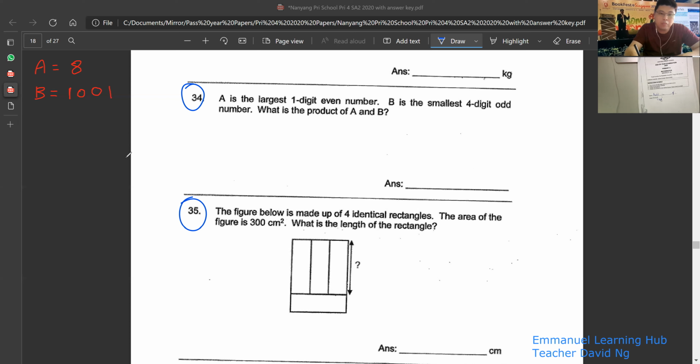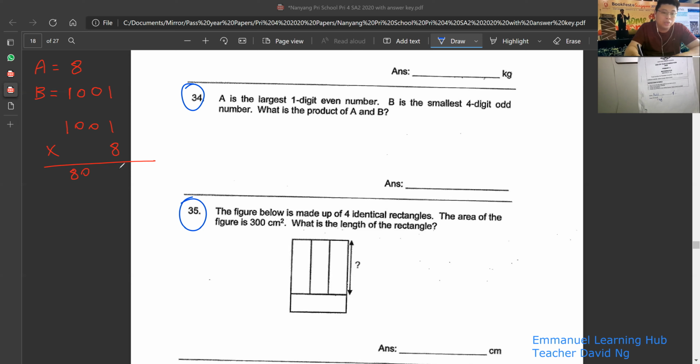Add together? Product means times together. So what must you do? Times. 1001 multiplied by 8. That'll give you how many? 8 at the bottom and 00, then 8 again. 8008.